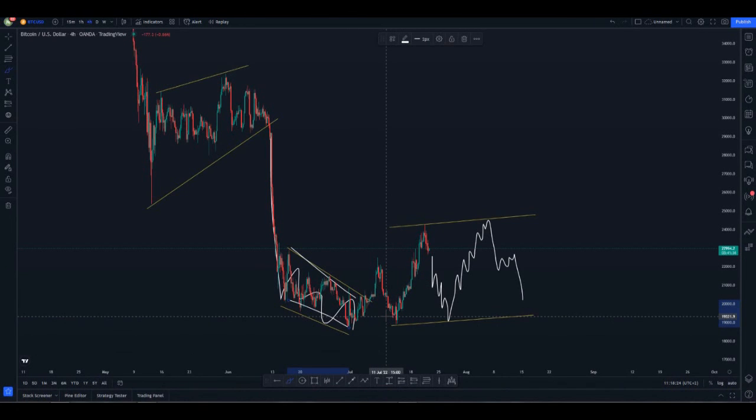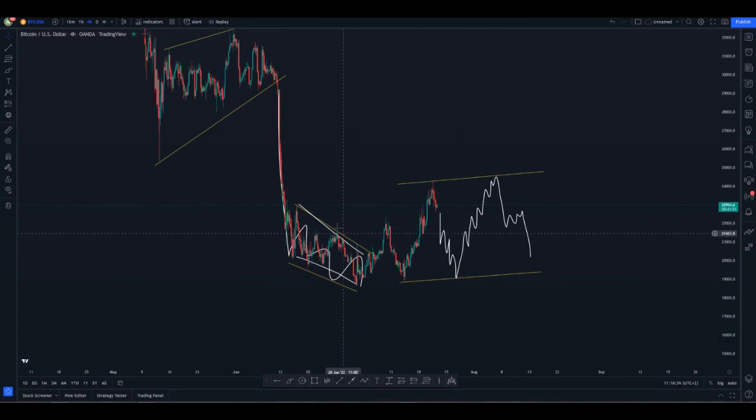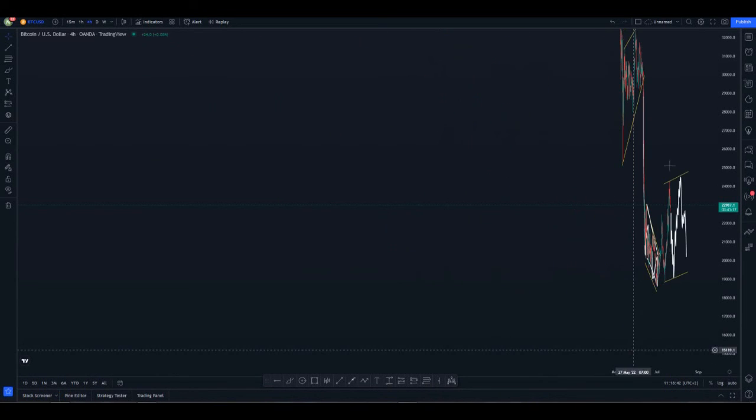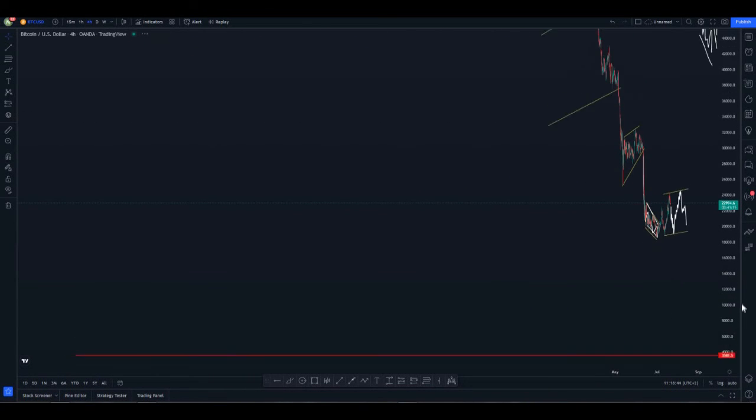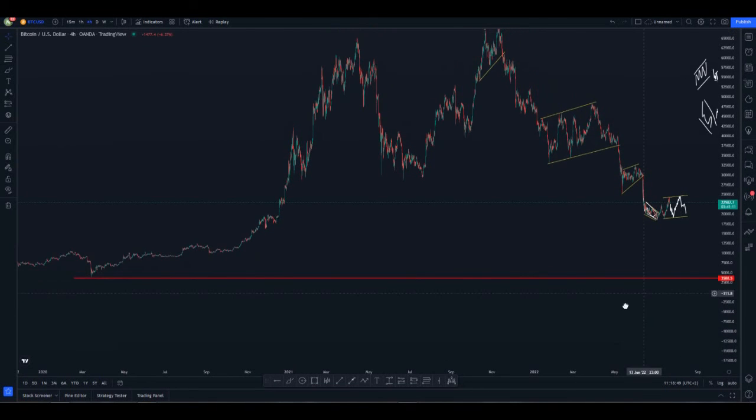Take it as the market forming a larger structural continuation pattern, as I forecasted here. I forecasted Bitcoin this way because this has no structure to it. This is just a corrective reversal. Keep in mind that the higher time frame supports our sell.